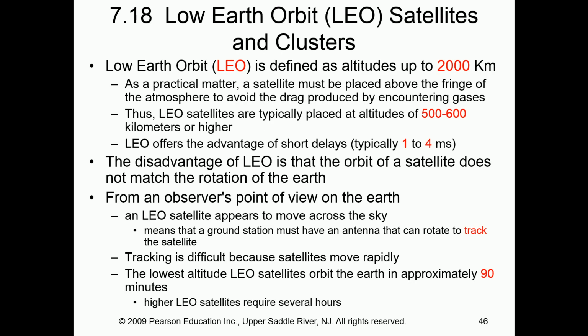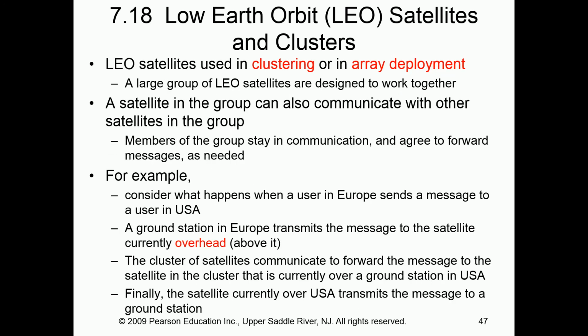Low Earth orbit we already talked about. That is a shorter delay, it travels faster. The issue here is because it does go faster, it can lead to faster communication or spottier communication. It kind of all depends on how you look at this.